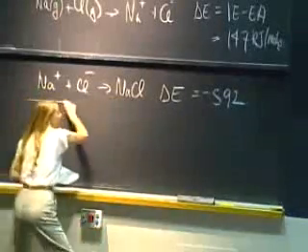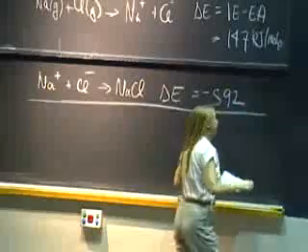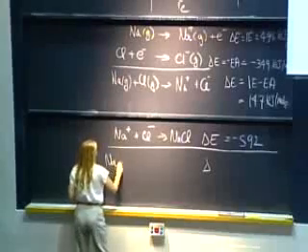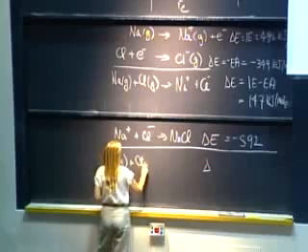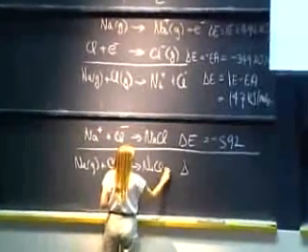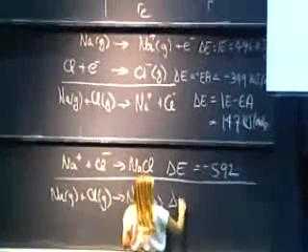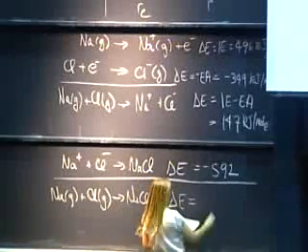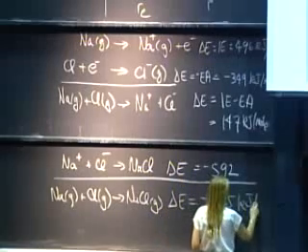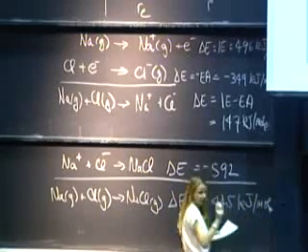So if I add up all three reactions to get sodium gas plus chlorine gas to make sodium chloride in the gas phase, the overall energy change there is minus 445 kilojoules per mole. And of course, the reaction is downhill.